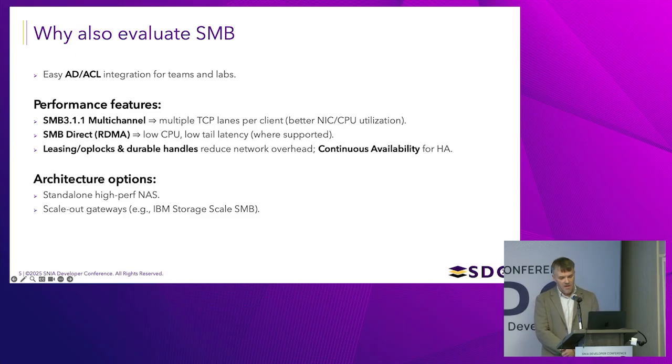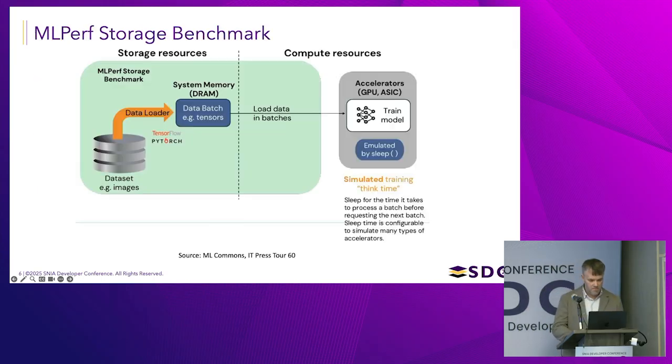And now that the CIFS client natively supports both, it's time to measure SMB and compare it head-to-head to NFS in a pure Linux environment. So let's talk about how to measure and compare.